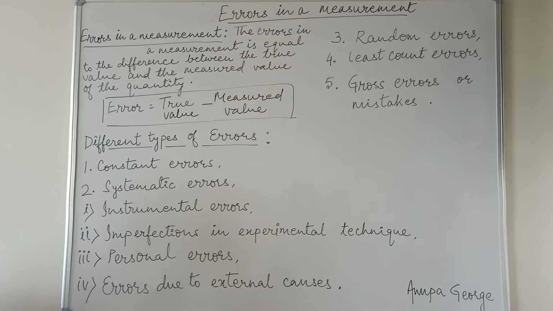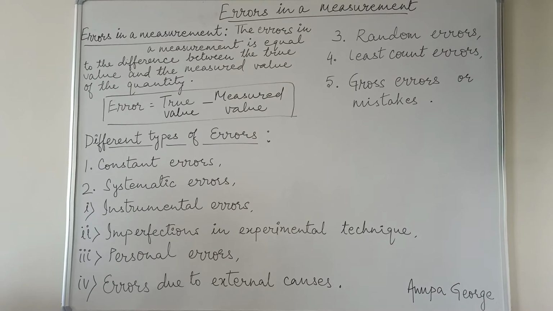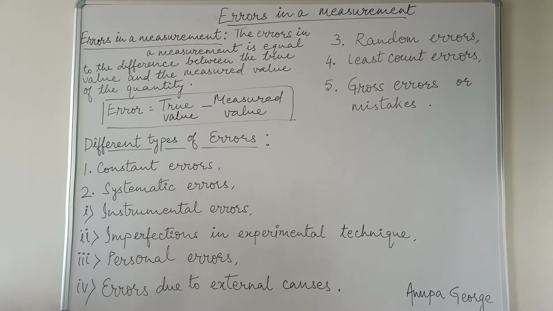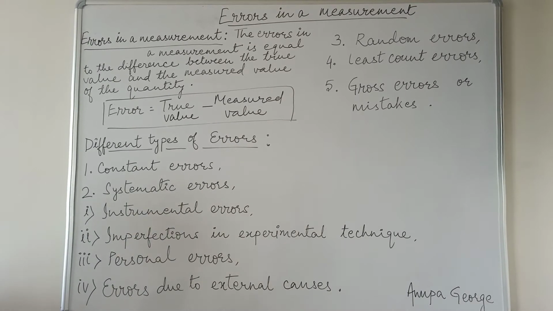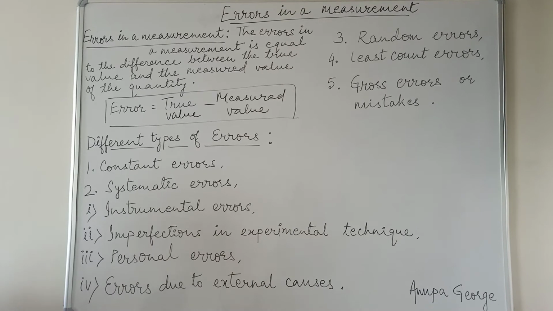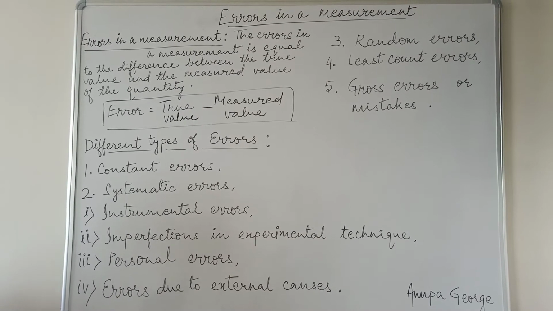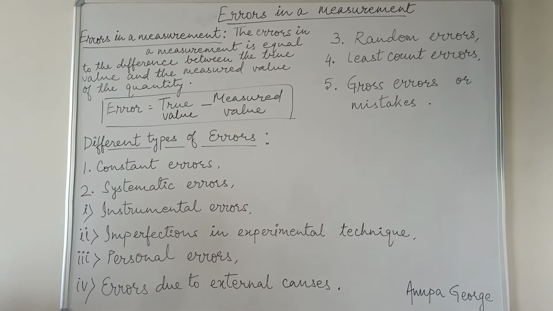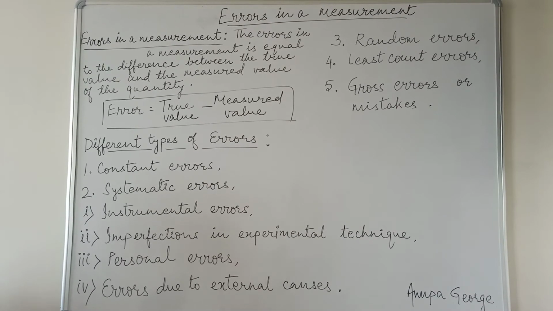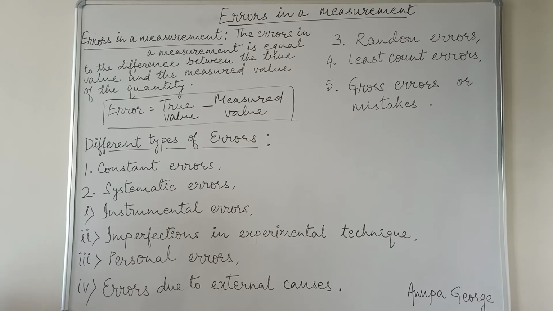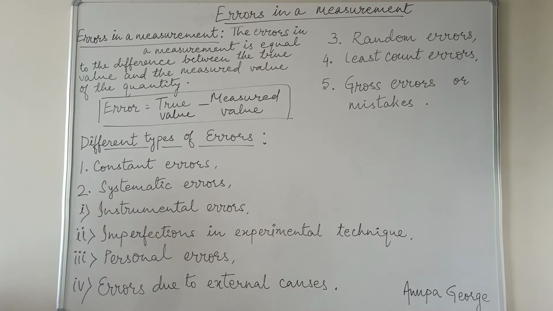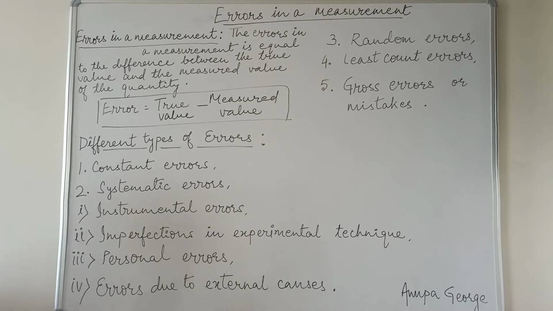For example, when an observer holds his head towards the right while reading a scale, he introduces some error due to parallax. Such errors can be minimized if measurements are repeated by different persons, removing the personal bias as far as possible.